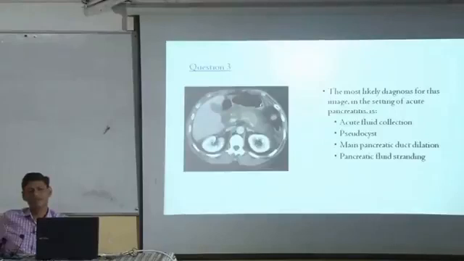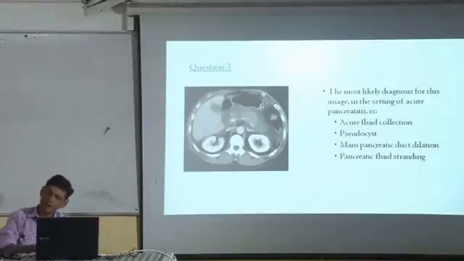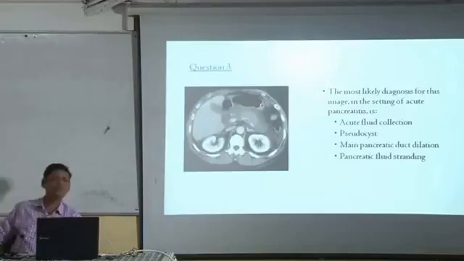Is it less than the liver or more than the liver or equal to the liver? It is lesser, meaning thereby that there is edema. Simple explanation for it. Okay. So what is the answer in this question? Acute fluid collection in and around the pancreas. It is an acute fluid collection.